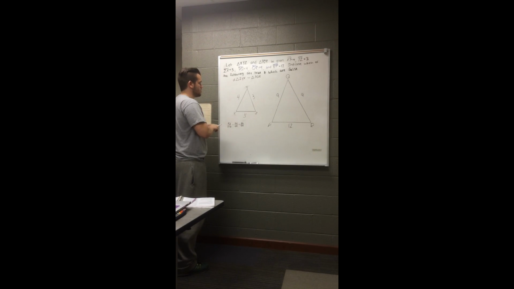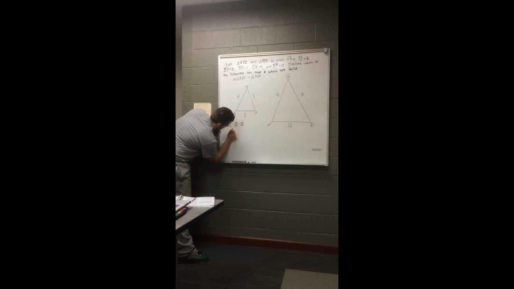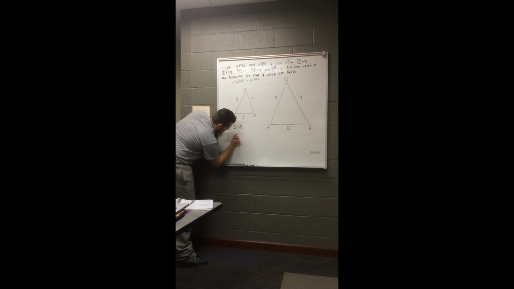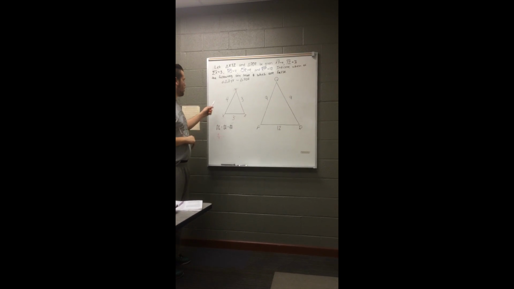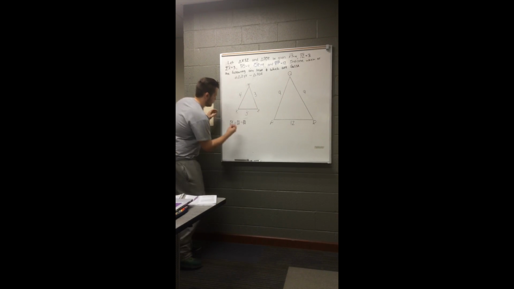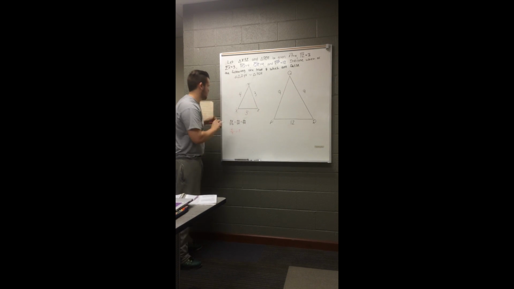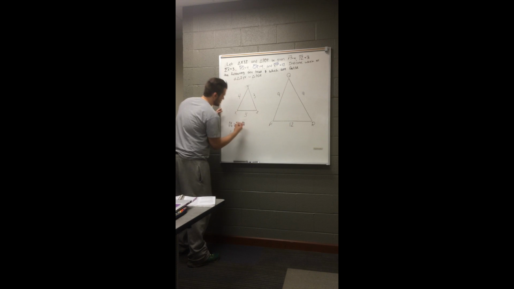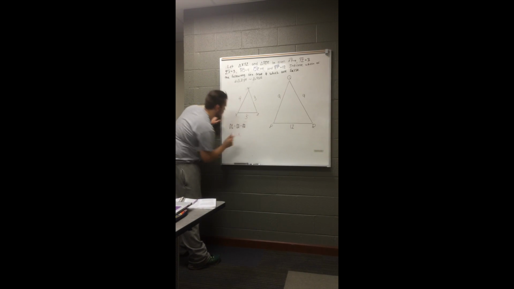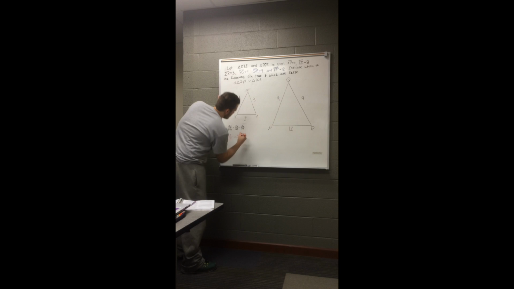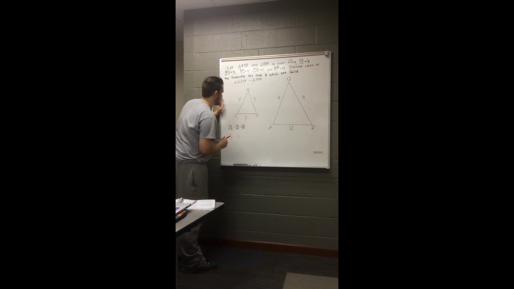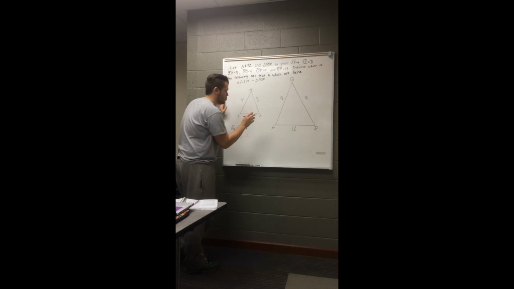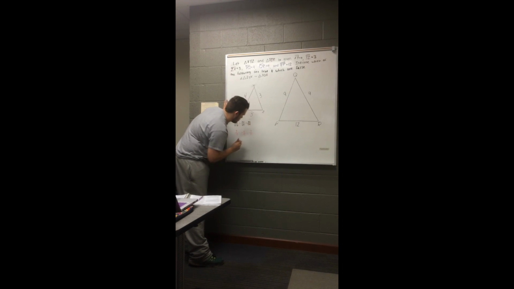So ZY is 3 over PQ, which is 9, is equal to YX, no, wait, it's supposed to be YX, 4 over QR, which is 9, which is equal to ZX, which is 3 over PR, 12.